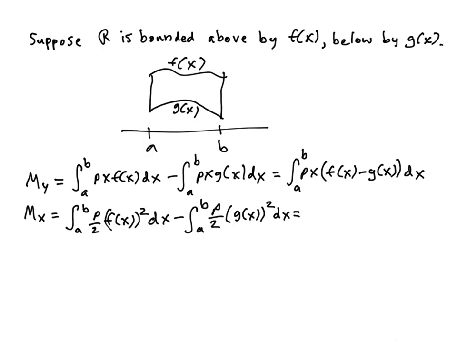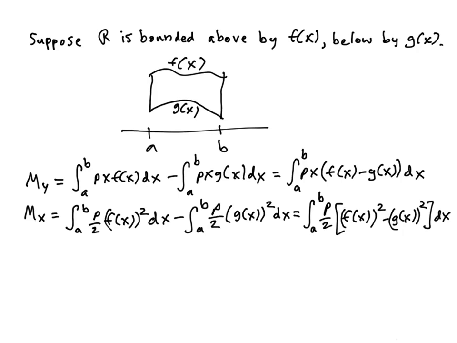Now you have to be careful because even though you could factor out the rho over the 2, you're still going to have a function squared minus the other function squared. So this is what it looks like. The integral from a to b of rho over 2, and then what's left is one function squared minus the other function squared dx.